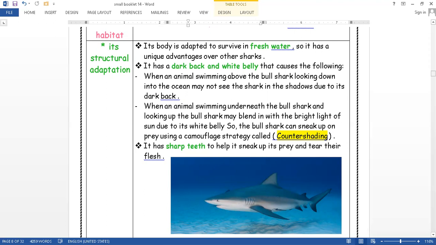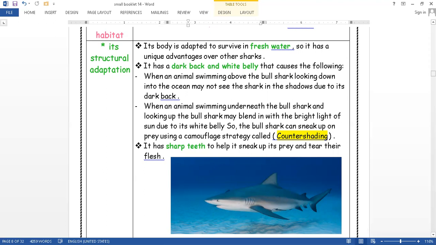So the upper part is dark to make the shark blend with the water, and the belly part is white to blend with the sunlight. So we can say that it has the ability to camouflage, and this strategy of camouflage is called counter shading. Okay.